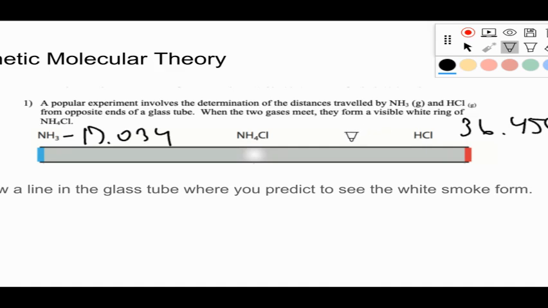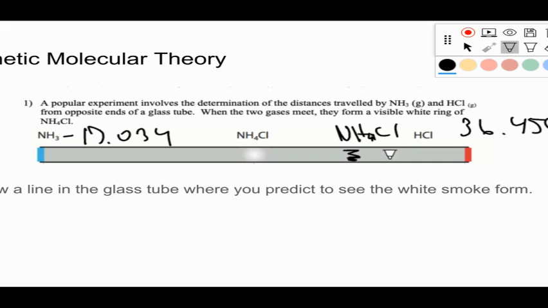And so what's going to happen is roughly over in this region, this is where they are going to meet, and that is going to be where your NH4Cl is actually going to form, because this one moves so much faster. This one's really slow, so the particles are just going to have a really slow velocity, less kinetic energy compared to this one because they are so much bigger.